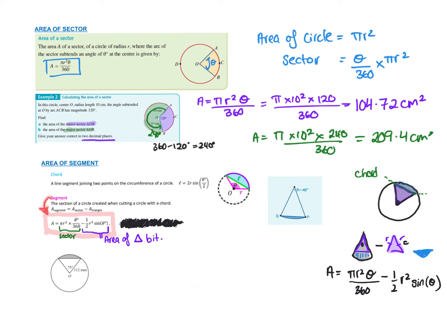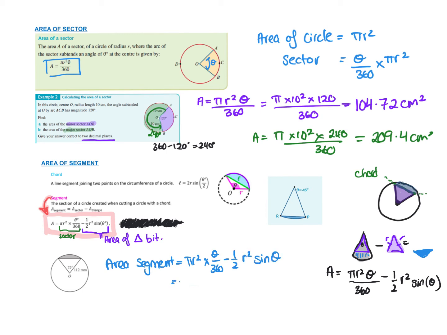So let's go find it. It's okay if we're just finding a segment straight off, but if we're trying to work out different parts, which often come up in harder questions, we need to be able to break up that formula. So area of a segment, I'm doing this example they've got here. It is pi r squared times the angle over 360 minus a half times r squared sine the angle.